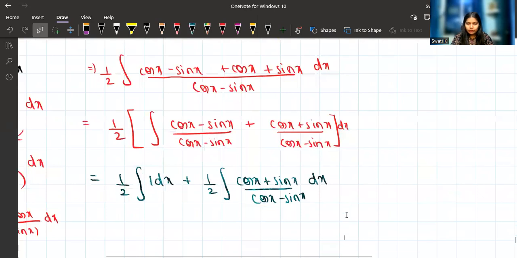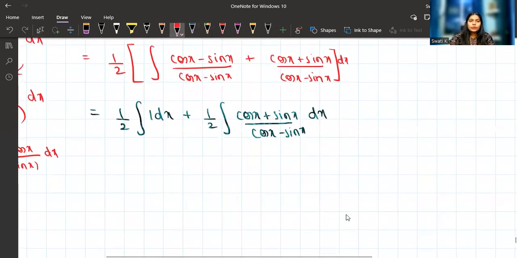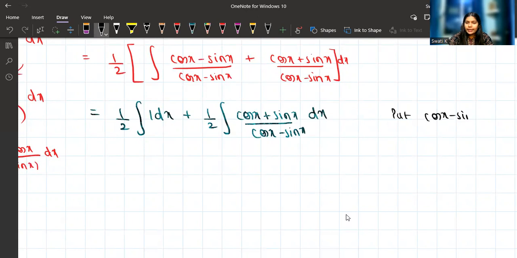Go a little below. All right. So I'm going to substitute, as I said, for the second term, if I put cos x minus sin x as t, the derivative of cos x is minus sin x, and the derivative of sin x is cos x.